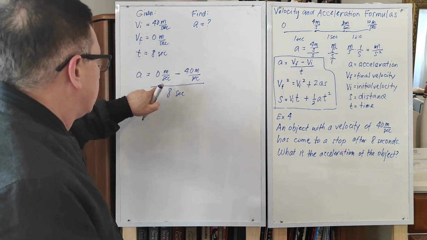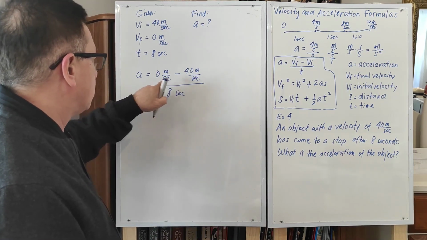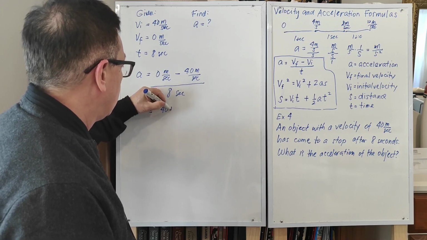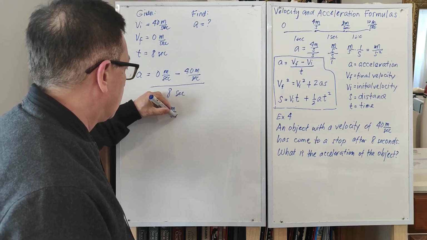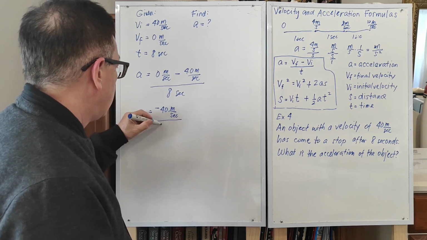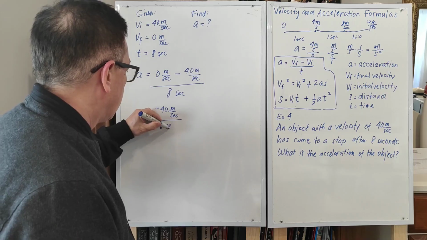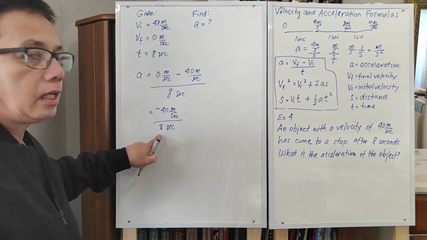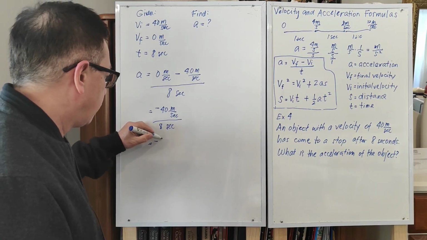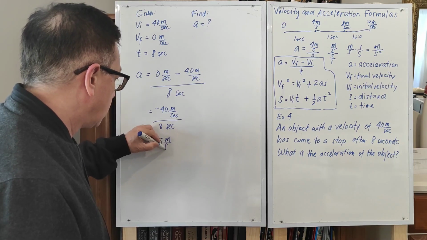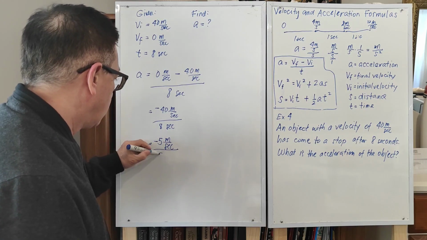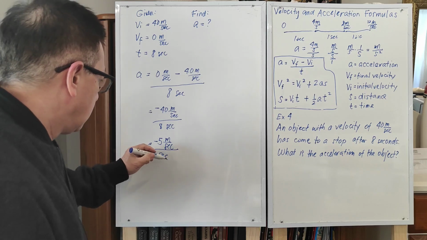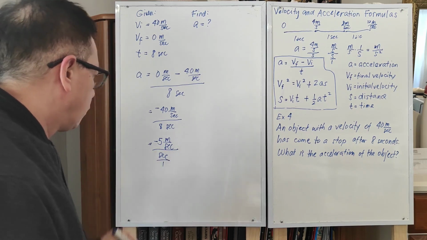Now, this has the same unit, so 0 minus 40 is negative 40 meters per second divided by 8 seconds. So, negative 40 divided by 8 is negative 5 meters per second per second. Now we can manipulate this one. So second, we can put a denominator over 1.